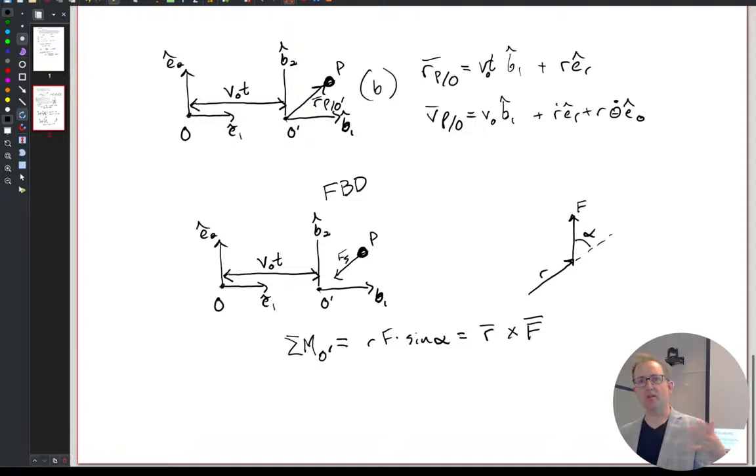That is the moment. All the moments produced are the cross products. In general, it's the same idea: take the component of force that is perpendicular to that moment arm, and do it that way. So we're taking the position of P relative to O prime crossed with the force of the spring.